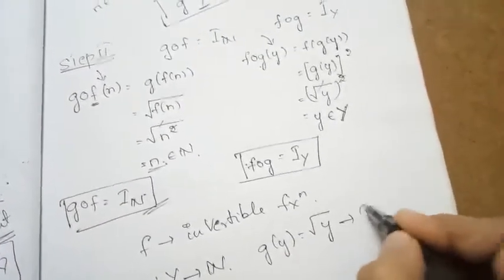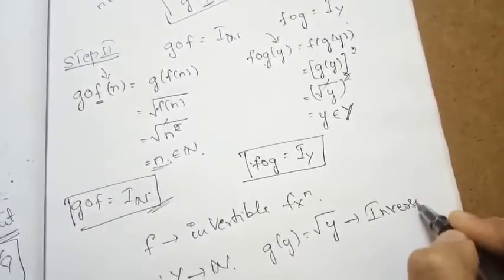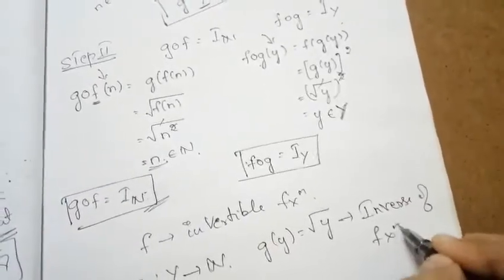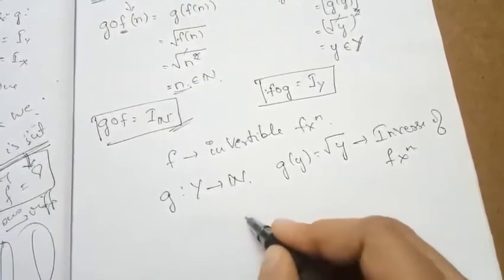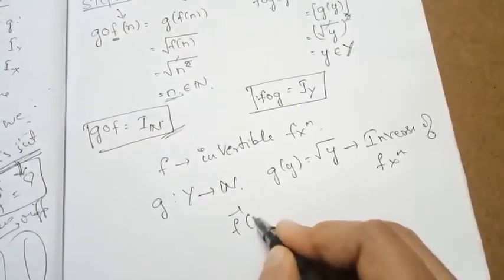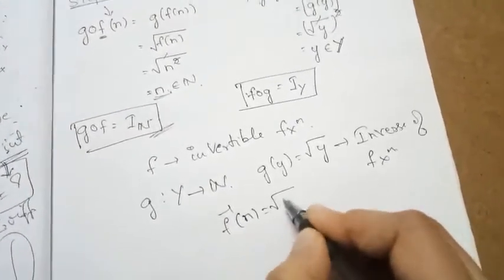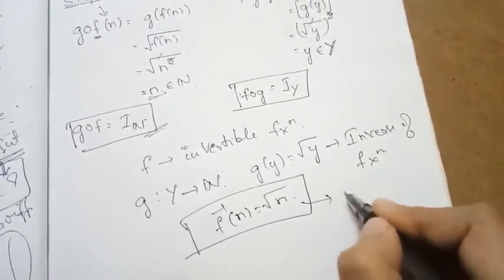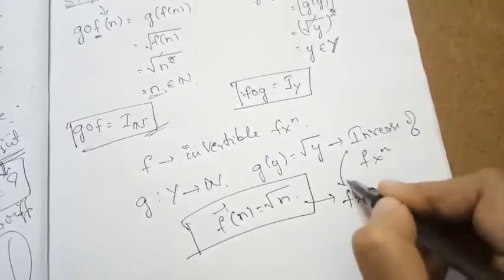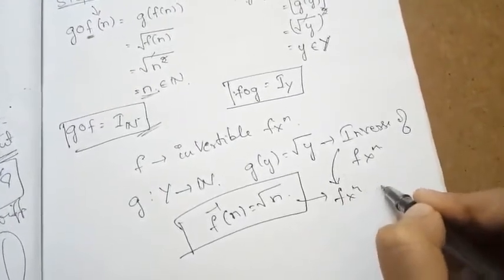It is the inverse of the function. Suppose this g is expressed in terms of f, how does it become? f inverse of n is equal to root n, which is the inverse of the function f.